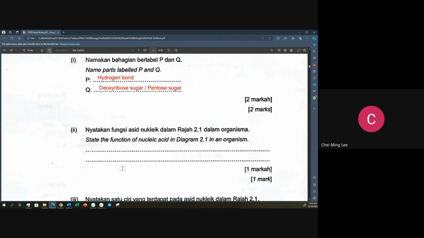Now state the functions of the nucleic acid in diagram 2.1 in an organism. First, what are the functions of nucleic acid?